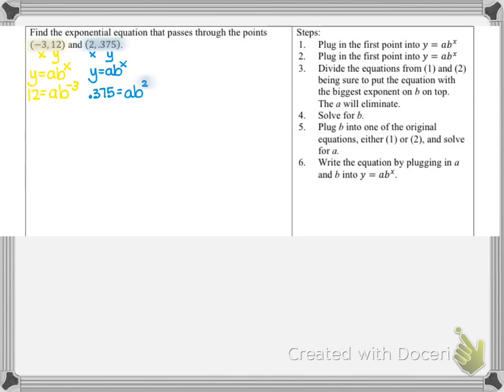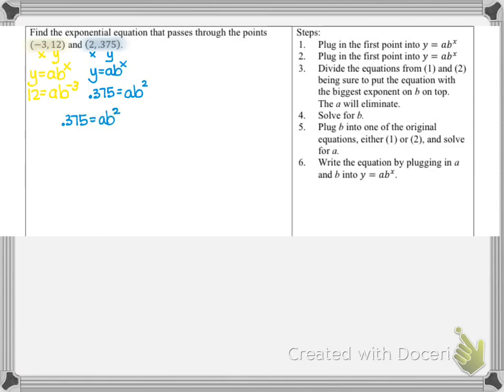Whichever exponent on b is bigger is going to tell me which equation I'm going to put on top of the other. In this case, the exponent of 2, the blue highlighted one, is definitely bigger than the exponent of -3. So with that said, I'm going to rewrite these two, but I'm going to put the blue equation on top, and I am going to turn it into a division problem.